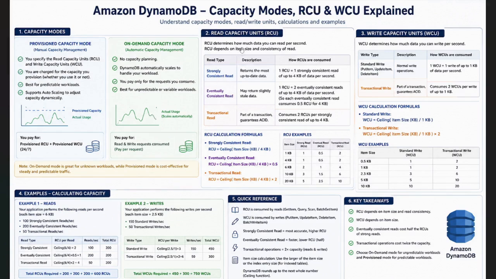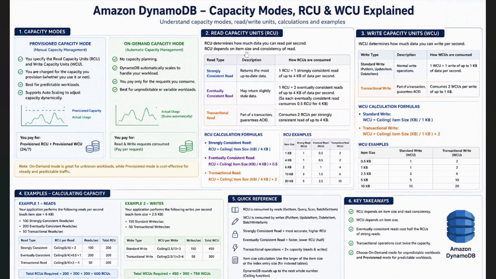Now coming to read capacity units. Read is basically when we are retrieving the data. So how do you calculate what the read capacity units should be? It determines how much data you can read per second. Just keep this in mind. Your capacity units will decide how much data you can read per second.